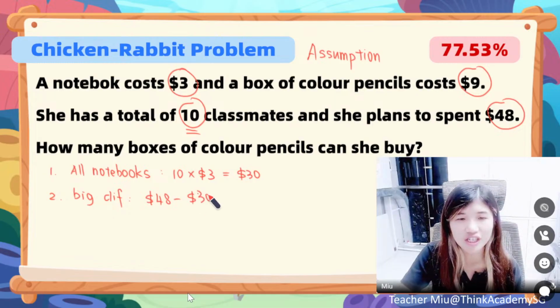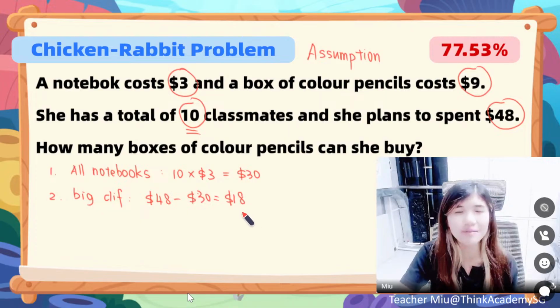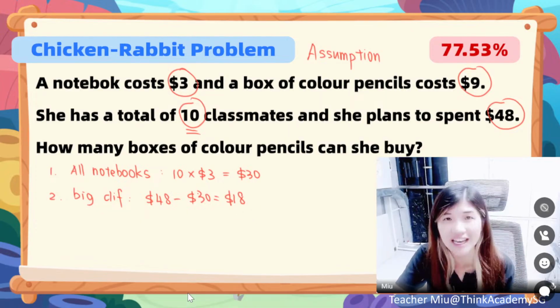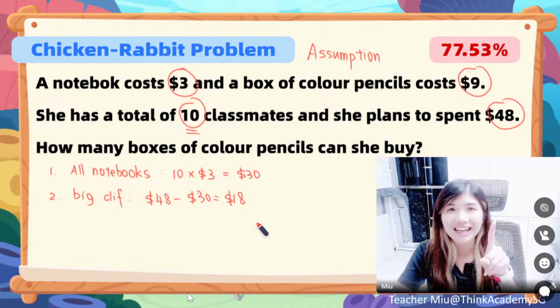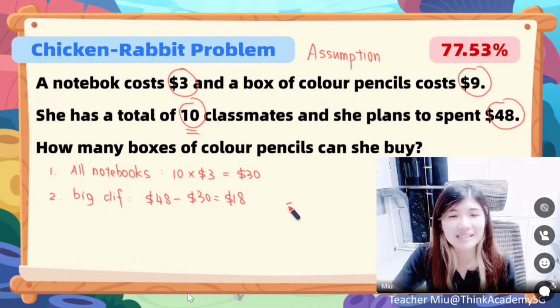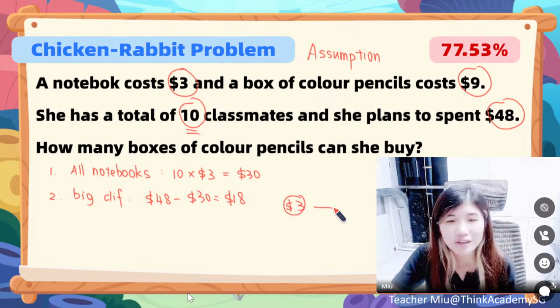So she still can spend $18 more. These $18 more, can she spend all these 18 on one thing? Definitely not, right? Because now you already spent $3 on the notebooks already. You still can add more to go to a $9 box of color pencil.